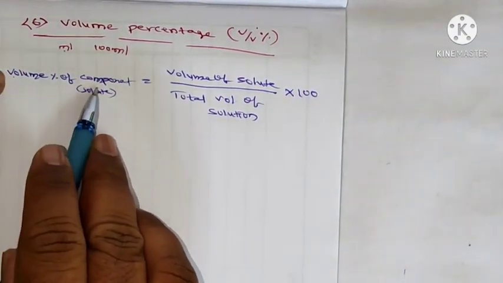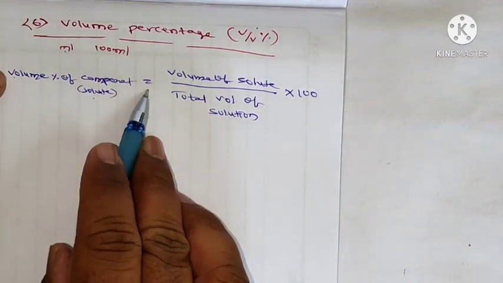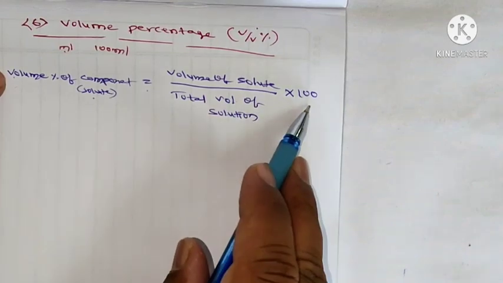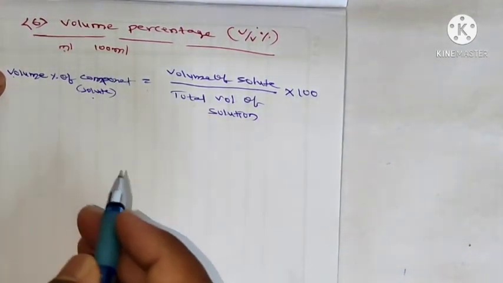So the volume percentage of a component or solute is equal to the volume of solute divided by the total volume of solution into 100.